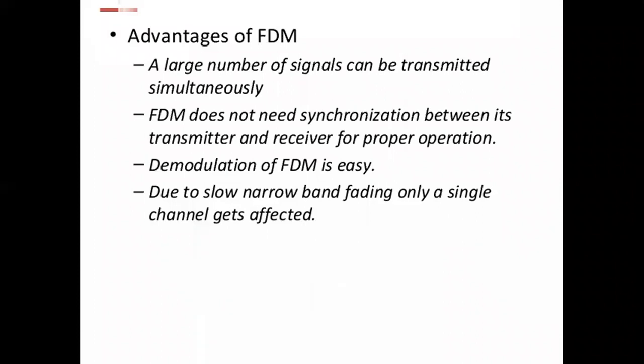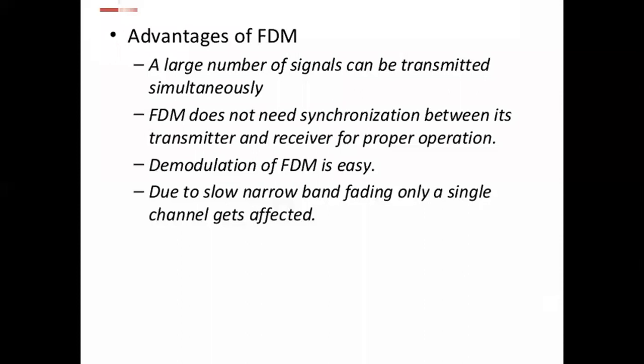A large number of signals can be transmitted simultaneously. That is one of the advantages. FDM does not need synchronization between its transmitter and receiver for proper operation, because each signal has its own frequency range, so synchronization problems do not arise.